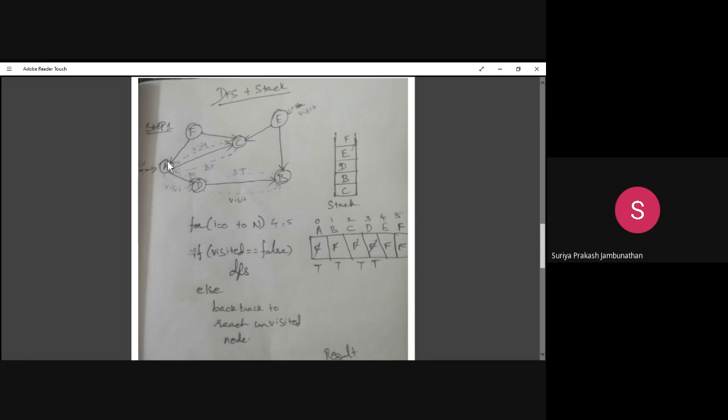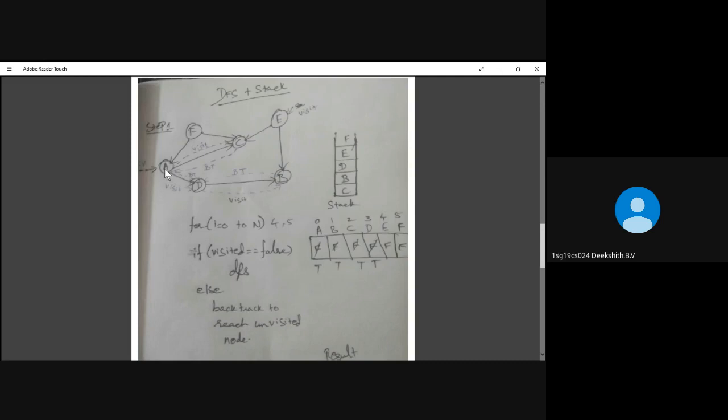Now we are checking whether we can go anywhere apart from D and C. Students, from node A, is it possible to visit any other node apart from C and D? Because C and D we already visited.